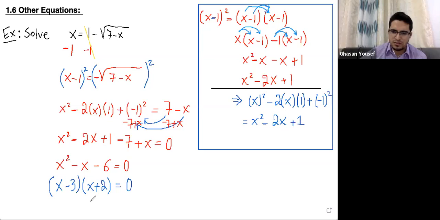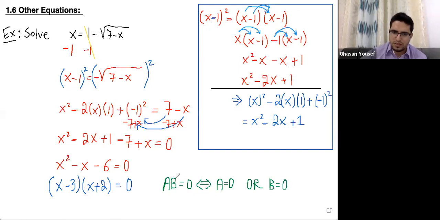Now I will use the zero product property. The zero product property, I will remind you from last time, says if I have a times b equals 0, if and only if a equals 0 or b equals 0.